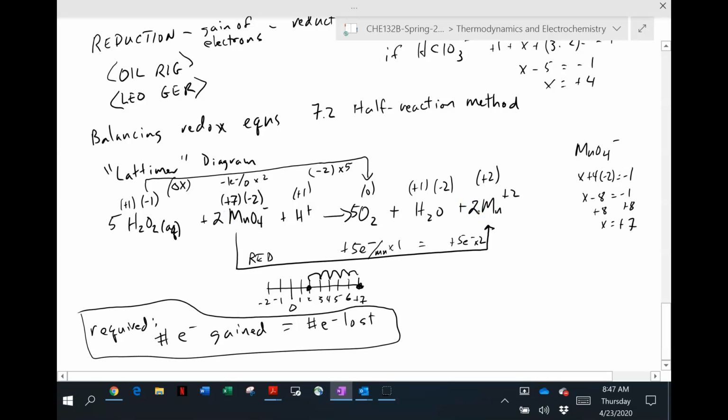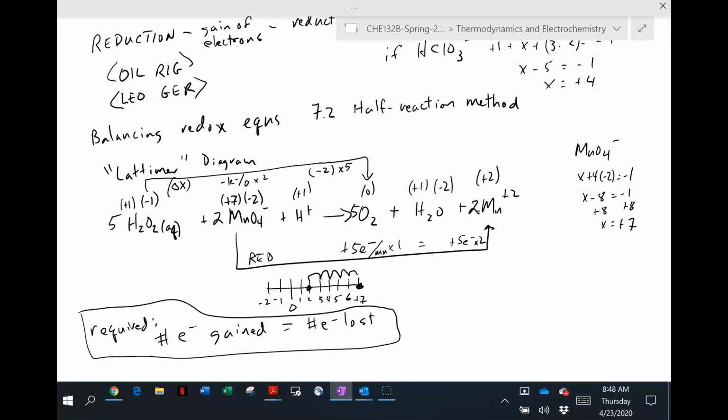And again, you got to pay attention to the subscripts on everything to make sure the atoms are balanced as well. Now, we haven't balanced hydrogen ions and water in this. And if you go through the half reaction method in chapter 7.2, you need to do that sort of thing.